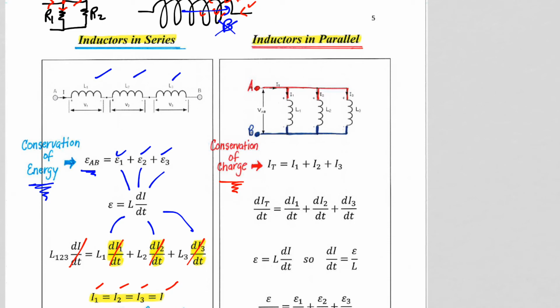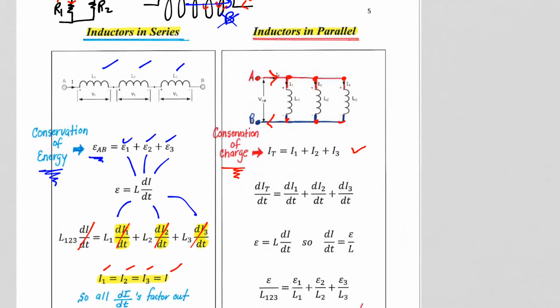We have conservation of charge. Again, some things never change. The current comes in, it will split. When it gets to the junctions, I1, I2, I3, it will recombine at the bottom and form again. So conservation of charge dictates that I1 plus I2 plus I3 equals I total.